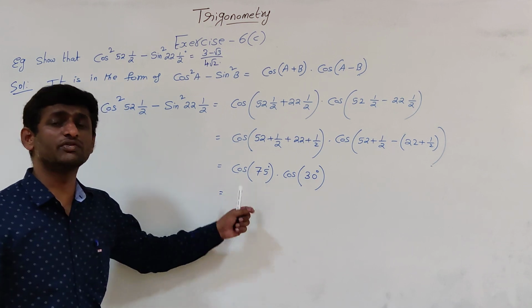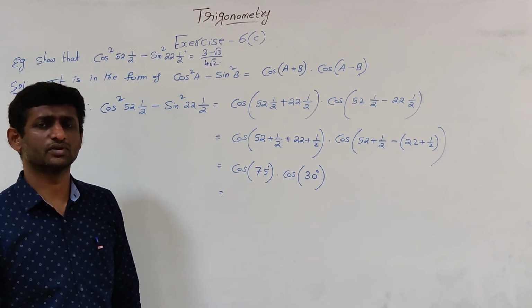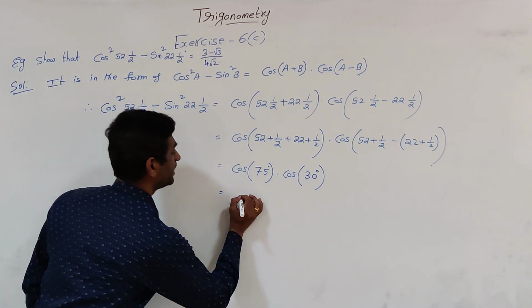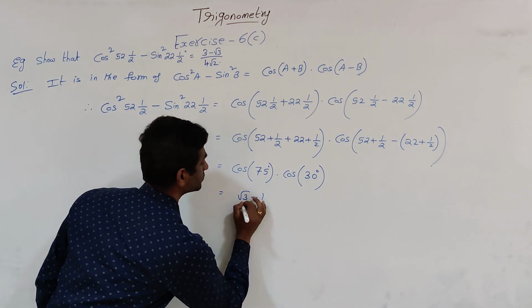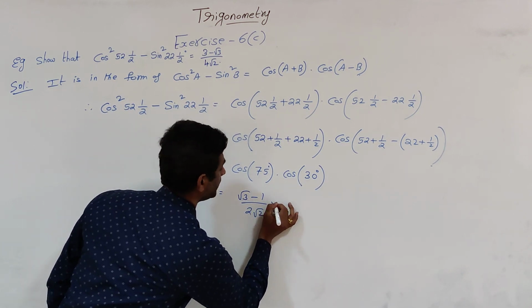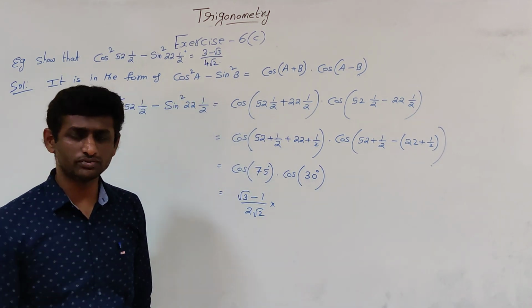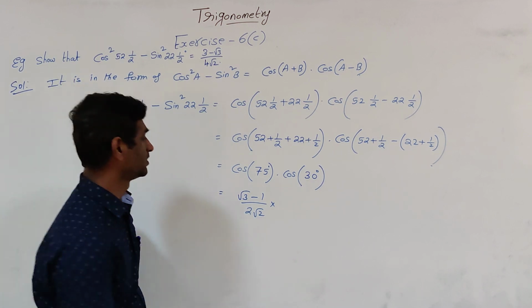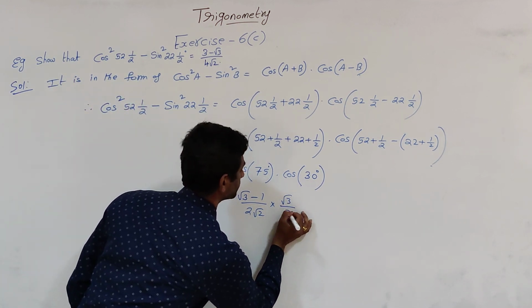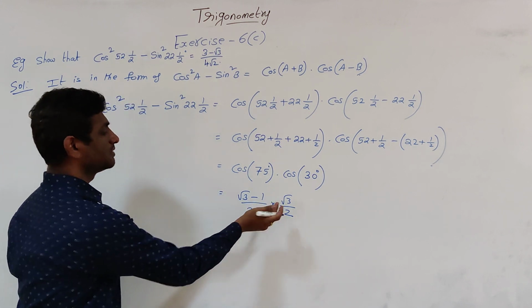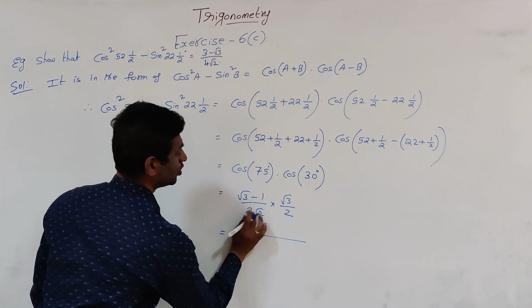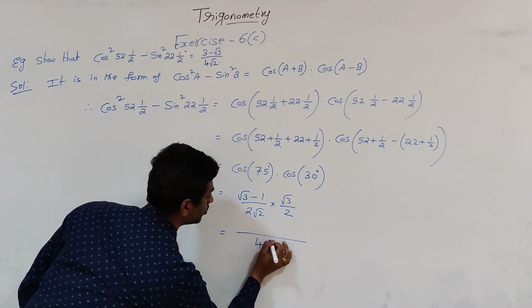What is cos 75? The cos 75 is root 3 minus 1 by 2 root 2, into cos 30 value. What is cos 30 value? It is root 3 by 2. Now, as it is a multiplication, multiply 2 root 2 into 2, it will be 4 root 2.